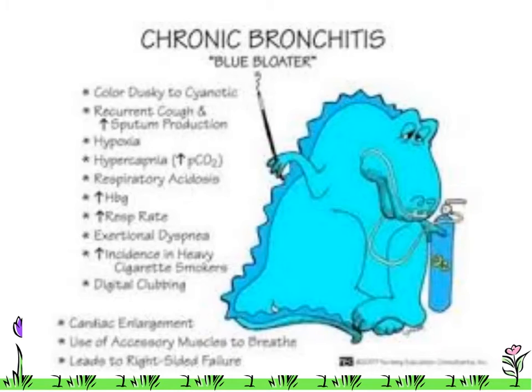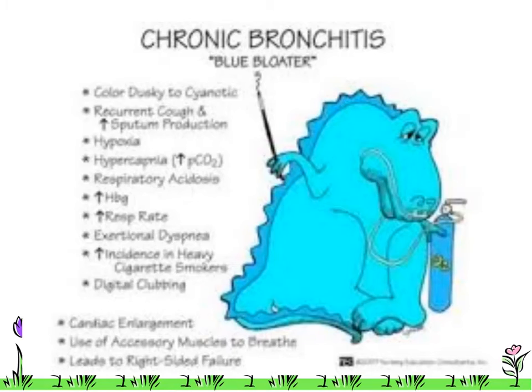And then also, these patients tend to have an increase in obstruction in their lungs that causes their residual lung volume gradually to increase, and that's where we get the bloating part. So what we see in these patients is that change in color. We see recurrent cough, recurrent respiratory infections, and high sputum production, and again, that's one of the earlier signs, that they start to notice, especially in the morning, that buildup of sputum.